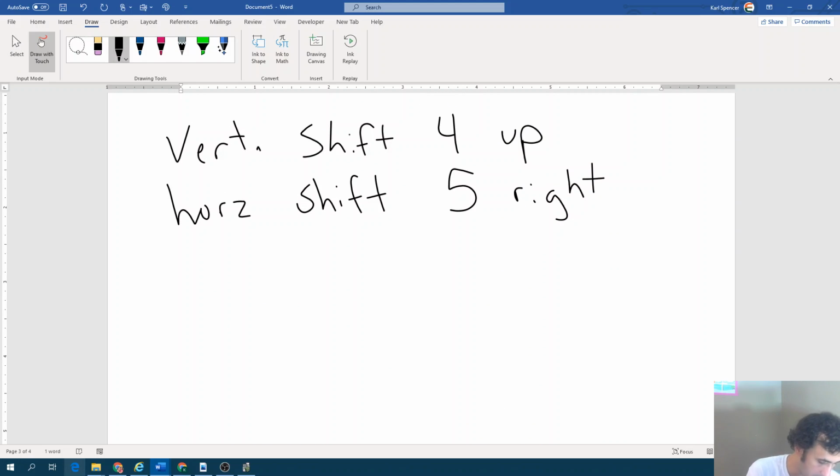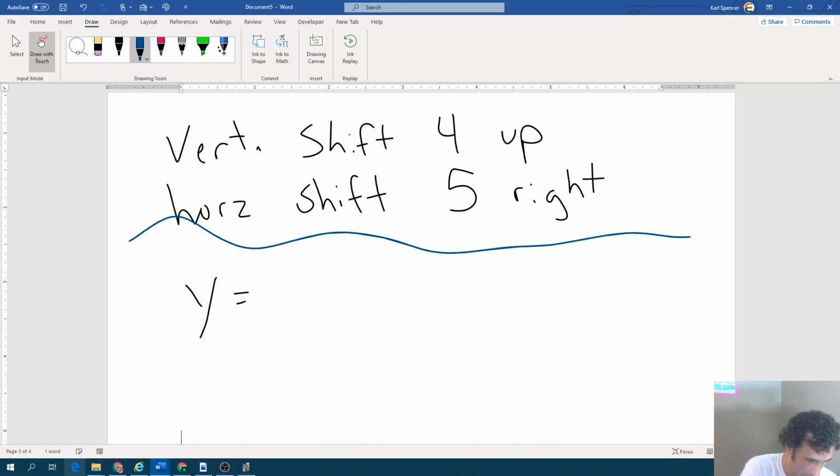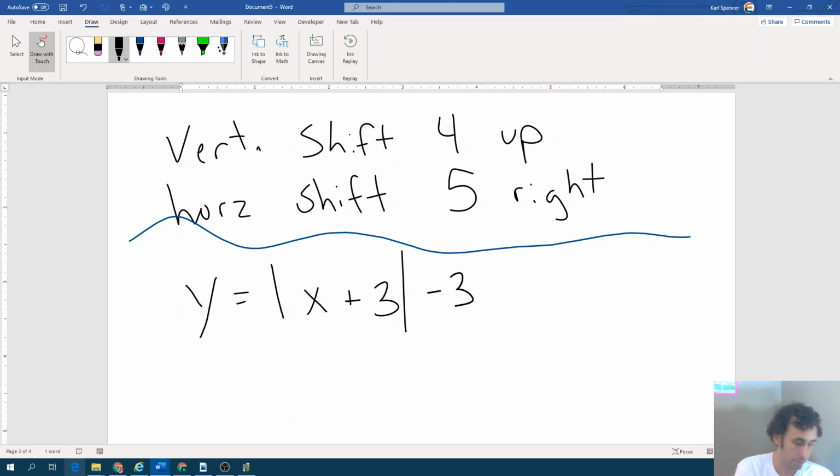Let's say we had y equals the absolute value of x plus 3, minus 3. So again, we're looking at the two terms. That negative 3 is on the outside of our absolute value.